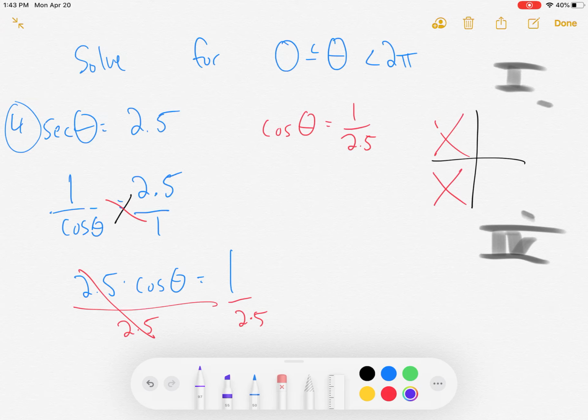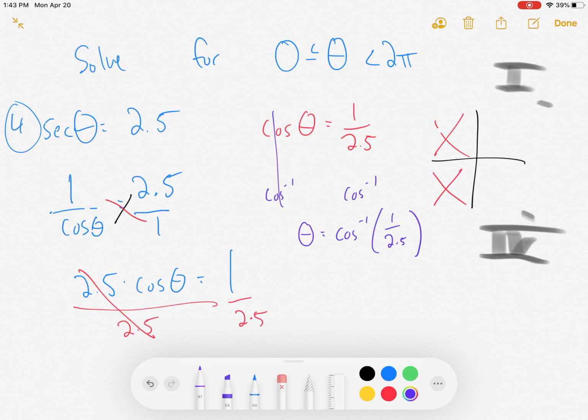Okay, now again, we got to get theta by itself. So in order to do that, I need to take the inverse cosine of both sides. When I do that, I get theta equals the inverse cosine of 1 over 2.5. Key here is we got to make sure we are in radians mode.